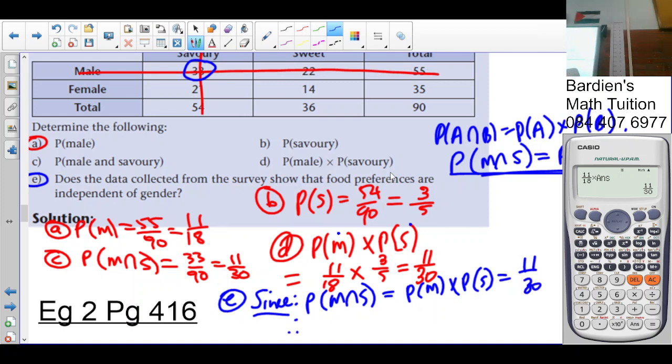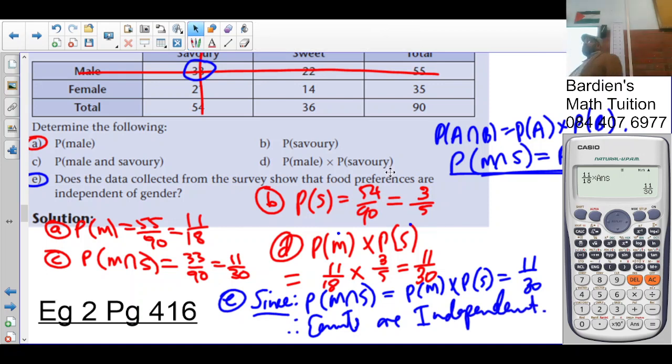Therefore, the events are independent. Okay. Does it make sense?